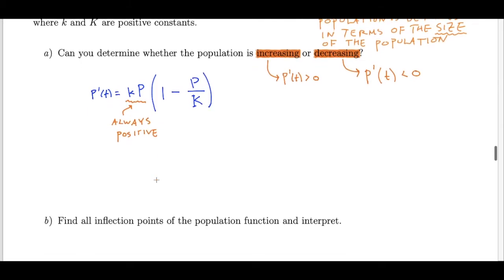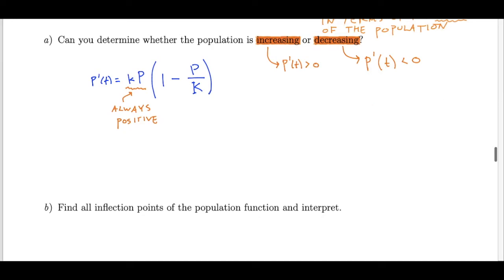I think I can figure that out. Let me write a conclusion here. P prime of t will be positive if, and P prime of t will be negative if. So if I just focus on the structure of this quantity here, I have the number 1 minus a fraction.